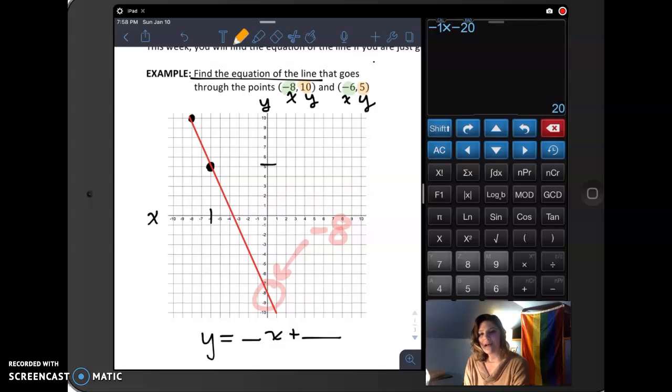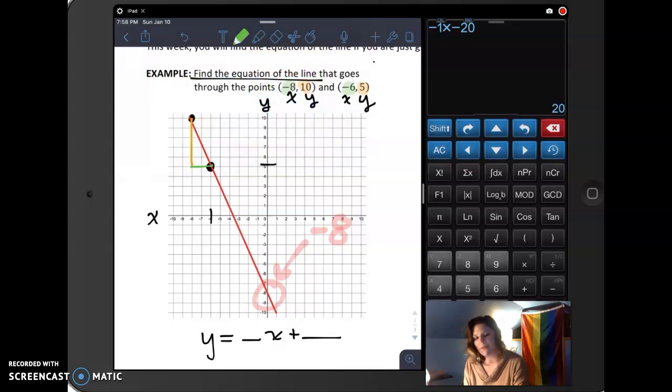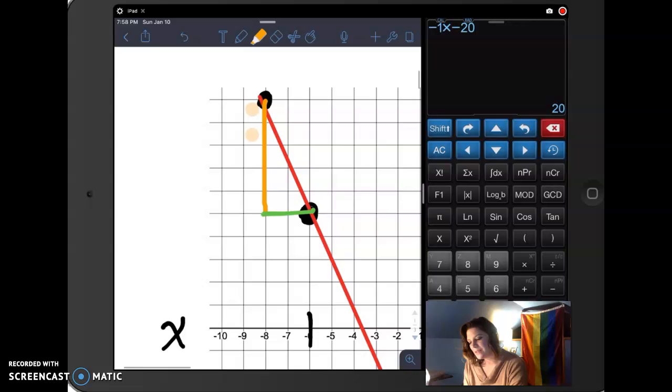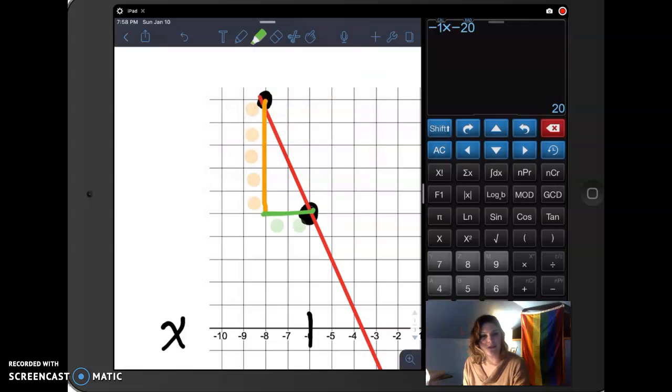So remember, you always want to go from one point to the other. There's my rise in yellow. There is my run in green. The strategy that we use to count them is to count the boxes. We don't want to count the lines because that can be kind of confusing. Remember, we never count the box on the corner. It's like you're walking from one house to another.